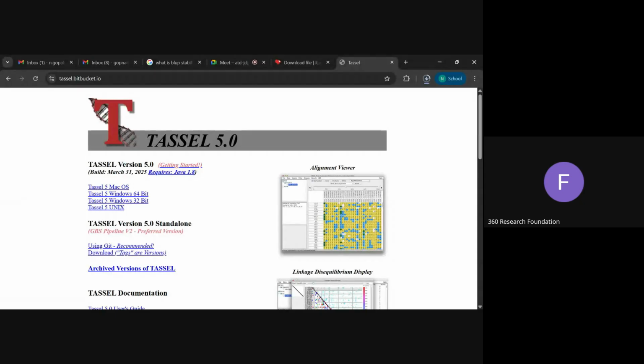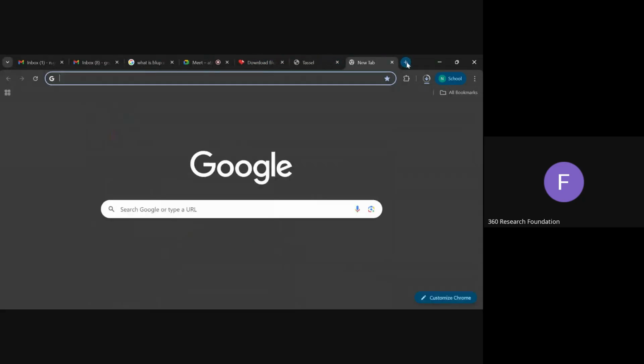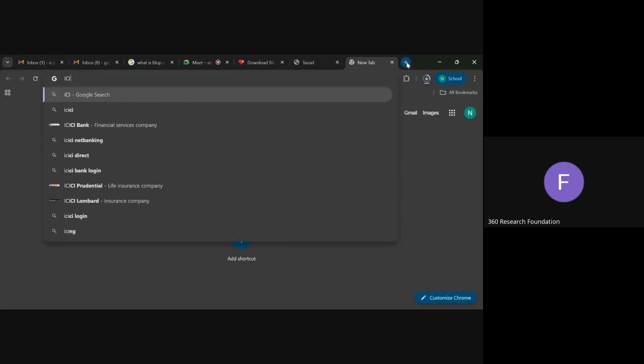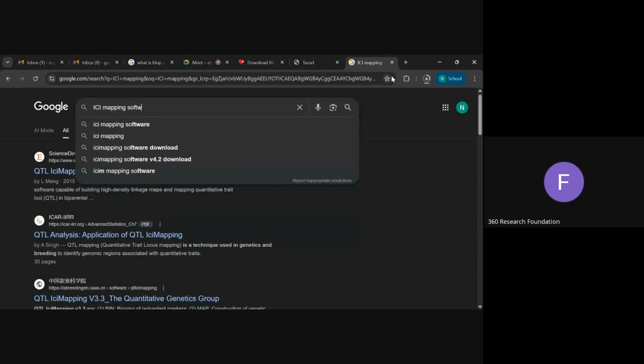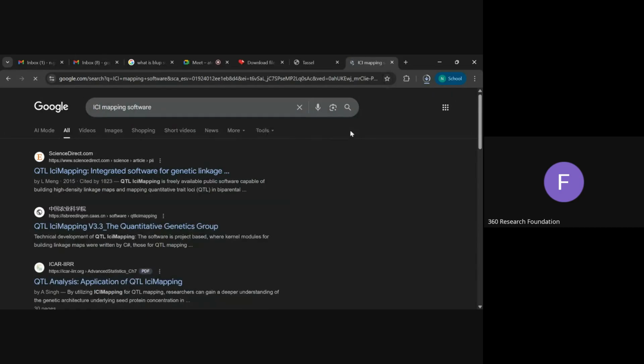So that conversion also we will see. So along with this Tassel, again, one more is there called ICI mapping. So that also download it.